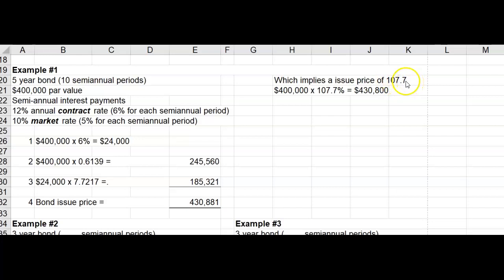You have been easily able to calculate an approximate bond issue price by multiplying the par value times 107.7%, and that equals an approximate issue price of $430,800.